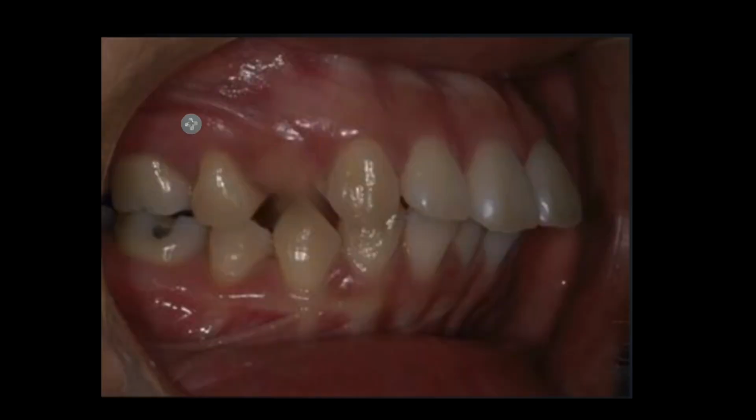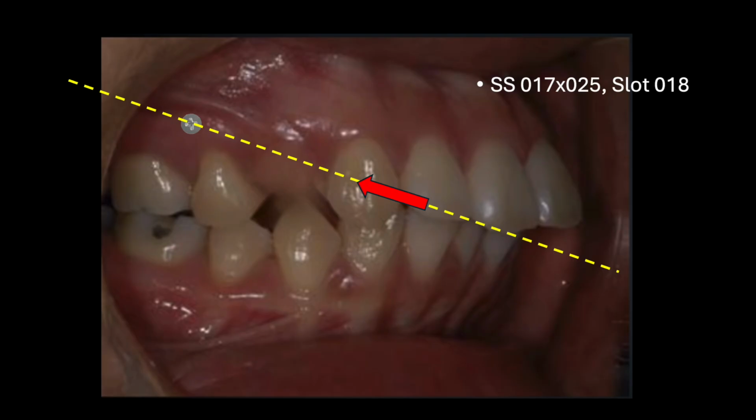Step number 3, determine the force vector from the miniscrew. Because the power chain comes from the hook of the archwire to the miniscrew, the line of action of the force goes like this.